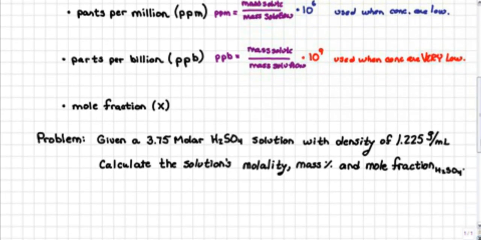The last type of concentration that we'll refer to is the mole fraction, often abbreviated with a capital X. And X, or the mole fraction, always refers to the ratio of the moles of solute divided by the moles of solute plus the moles of solvent.